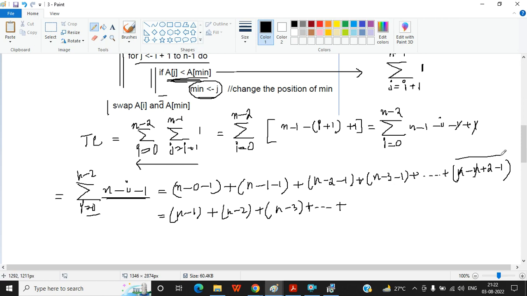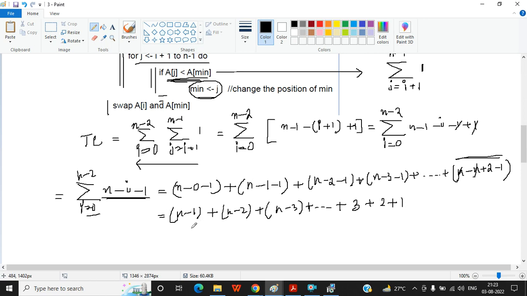So if the last term is 1, then we can understand that the previous term will be 2. Are you getting the thing? If the last term is 1, the previous term will be 2, and the third last term 3. So it is 3 plus 2 plus 1.